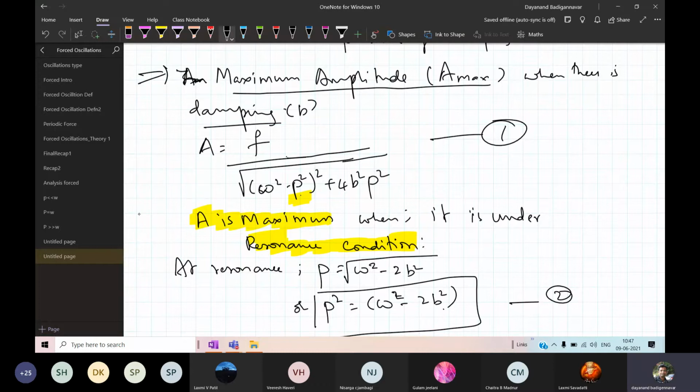Amplitude A is maximum at resonance, and you attain resonance when P is equal to root of omega square minus 2b square.